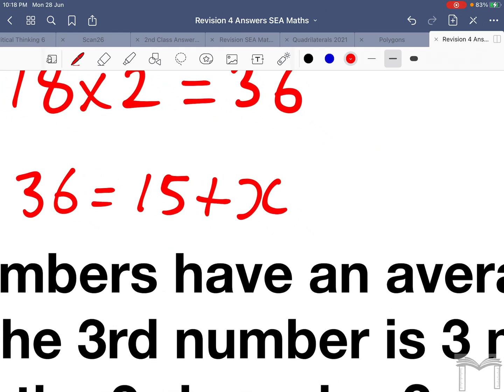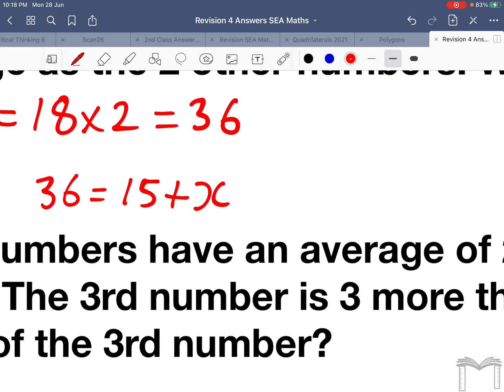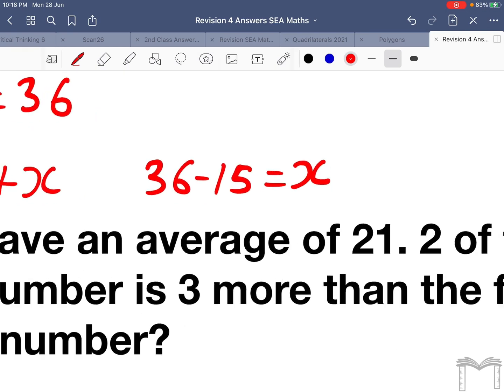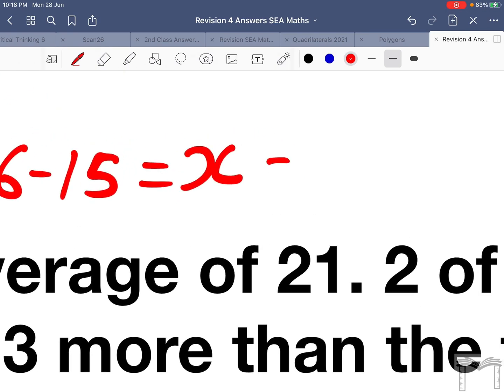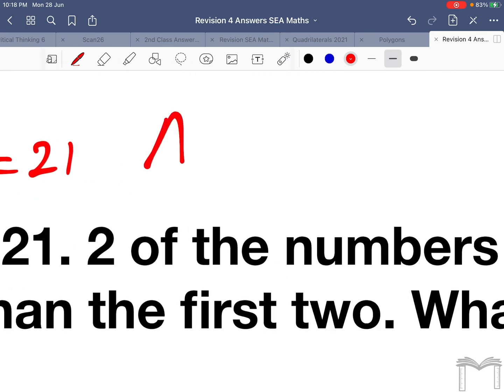So 15 plus some number is x, so we can work backwards or reverse. So 36 minus 15 will give us x. 36 minus 15 is 21. So x is equal to 21. So your answer is 21.